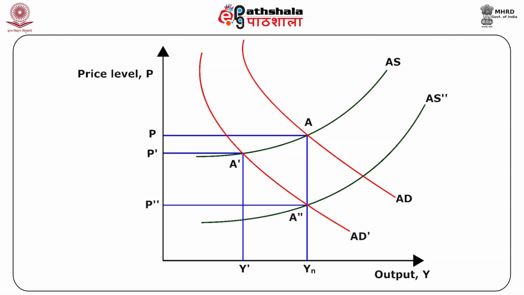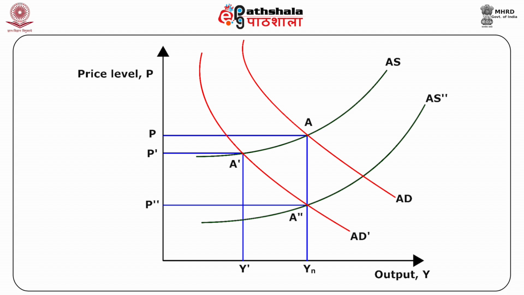The aggregate supply is represented by the AS curve. Aggregate demand and aggregate supply curve intersect at point A, at which the equilibrium output is Yn, which is the natural level of output, and the price level is given by P, which is equal to the expected price level.